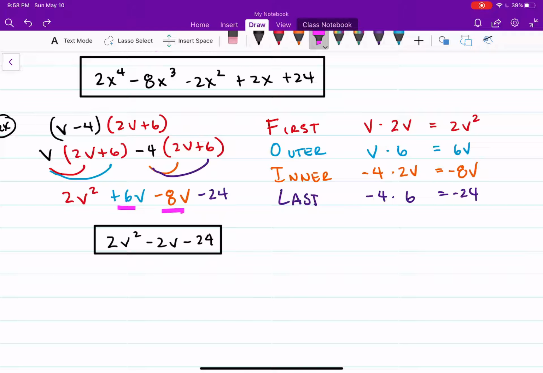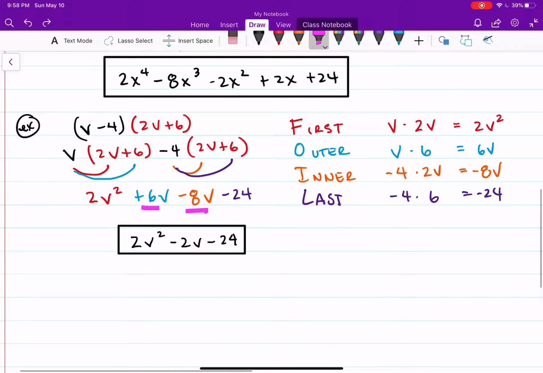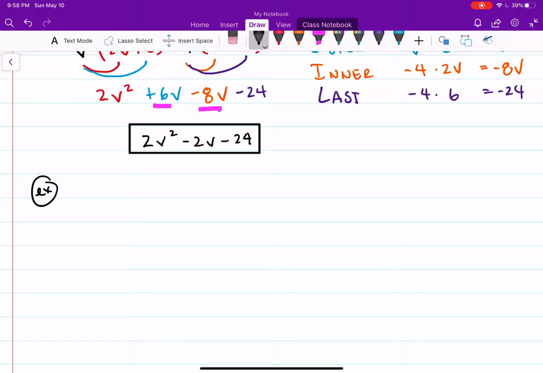So let's try another example. Ooh, this one I like a lot. All right, so let's try this one. This one is going to be a 9x plus 2 times a 9x minus 2, okay? There is a special name for this.